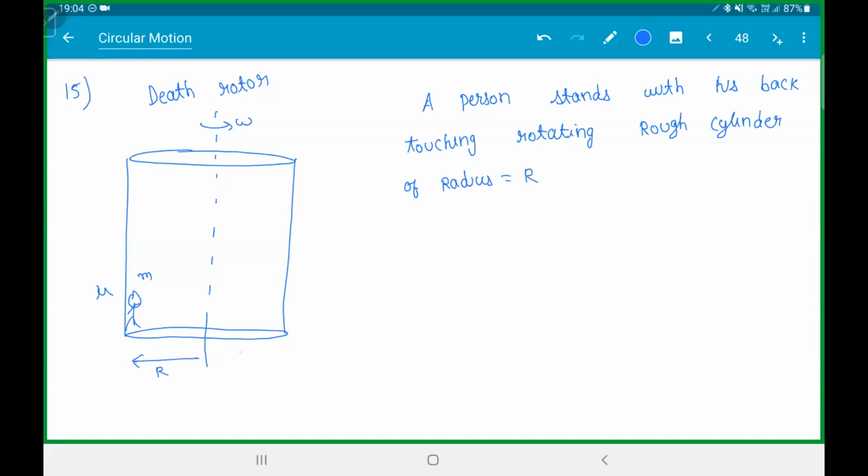Bottom, it is open. This thing is open. There is nothing there. So what happens in this ride now? They keep the person inside, they rotate the whole setup, and once you reach a certain speed, they remove the floor. And you'll observe people are just stuck to the walls, they don't fall down. Find omega if the man does not slide down.